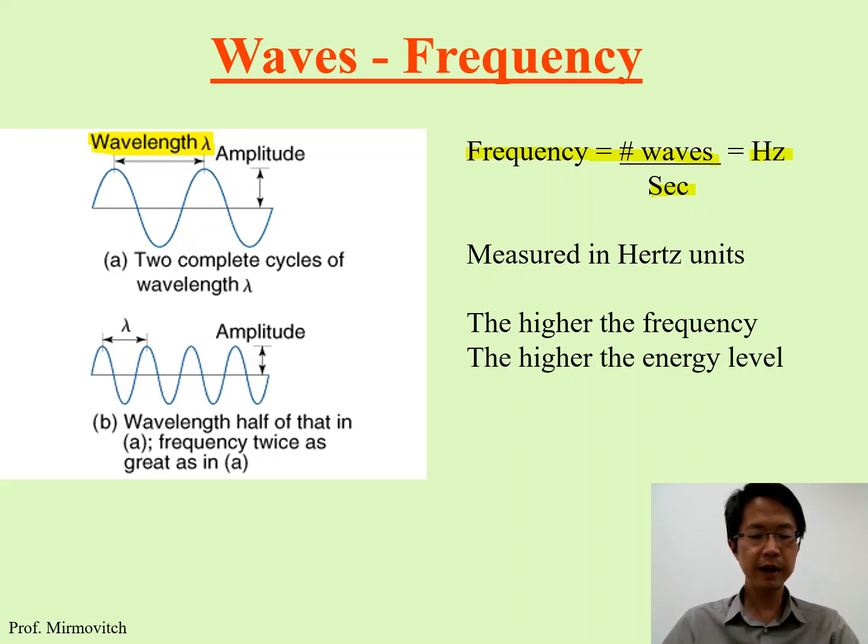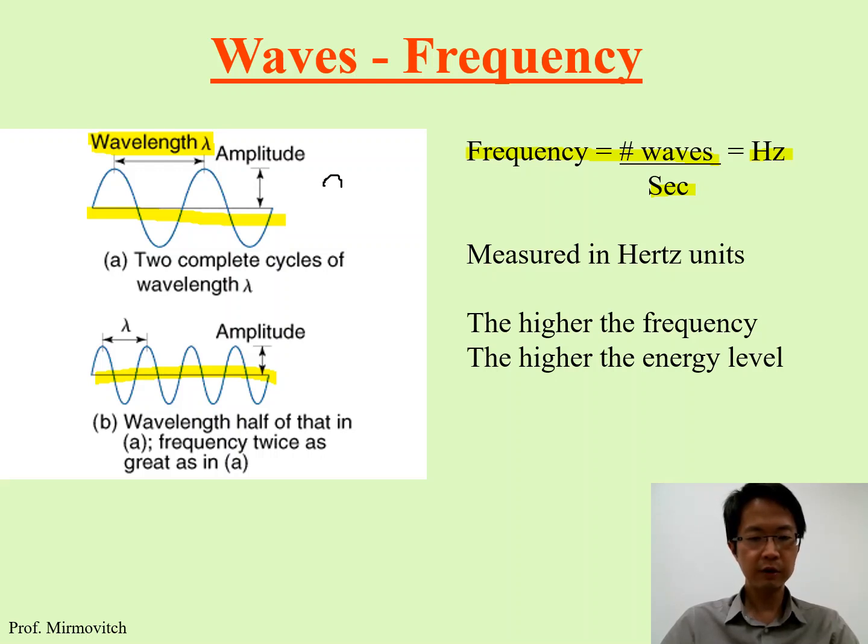So you can compare A and B. Which one has a higher frequency? Since we see that, okay, it is the same time, so the x-axis basically describe how much time. So in A you have 1 lambda and 2 lambda, so you have two waves.